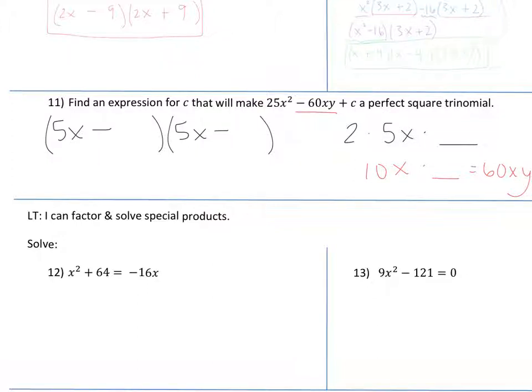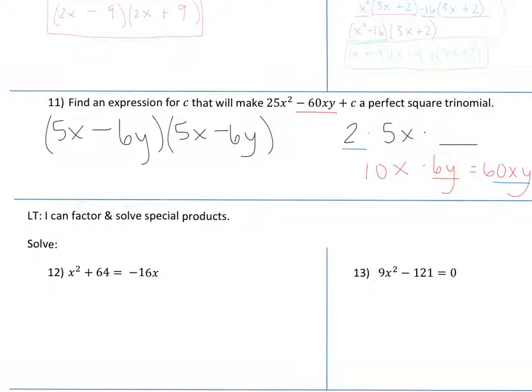Well, 10x times what will give me 60xy? What about 6y? So 6y times 10x will give us 60xy. And again, we also had to multiply by 2, which we did. And so this last term here in our binomial will be 6y and 6y.